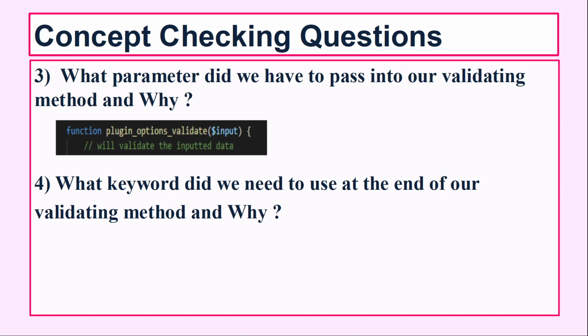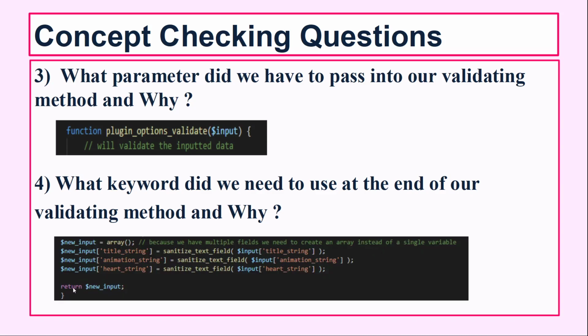So all the data goes in and then we can work with it. What keyword do we need to use at the end of our validating method and why? Well, we used return, and we had to return the new array. So we're saying give me the old array, let me check the data, and then if it's right, insert it into our new array and then return the new array. And you can do loads with this if you wanted.